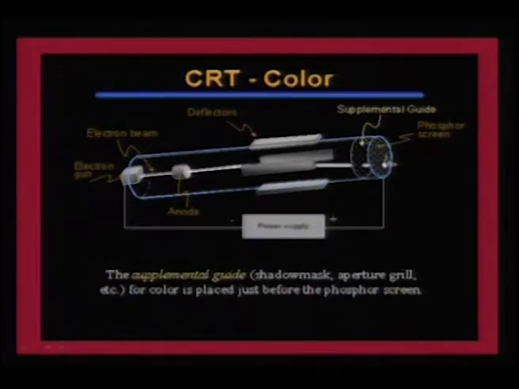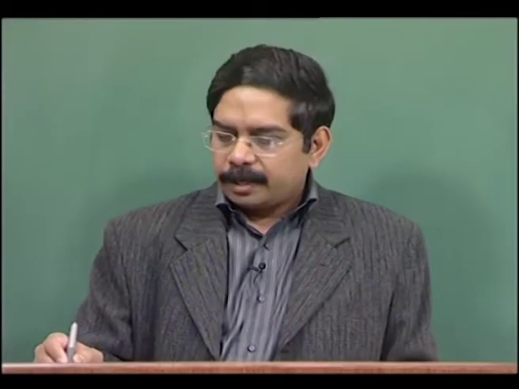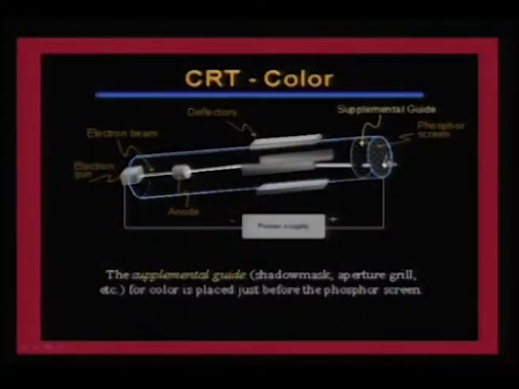We can have a supplement guide in front of the phosphor screen, and in that case you will be able to channelize through this supplement guide, which has a lot of holes. You can channelize how this electron beam can selectively hit some of the phosphor material on the screen.